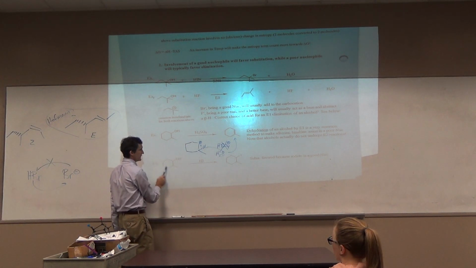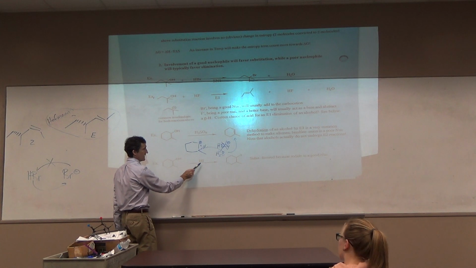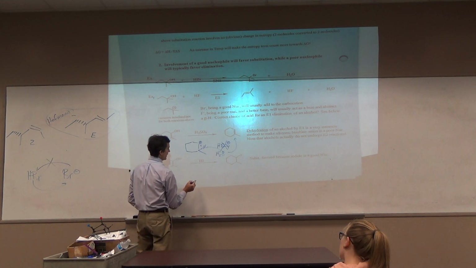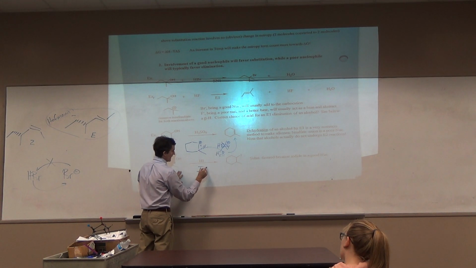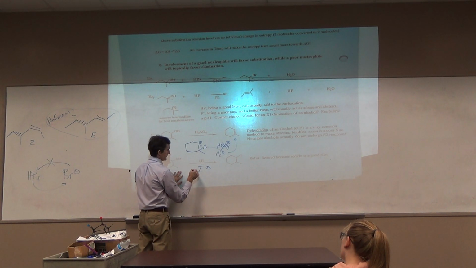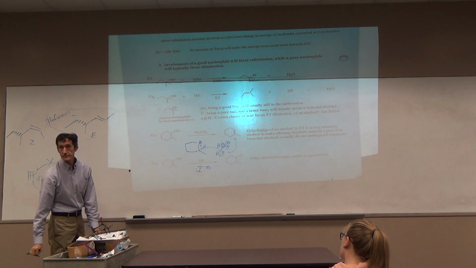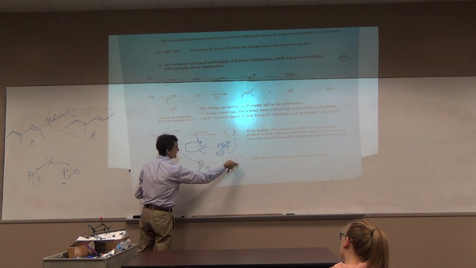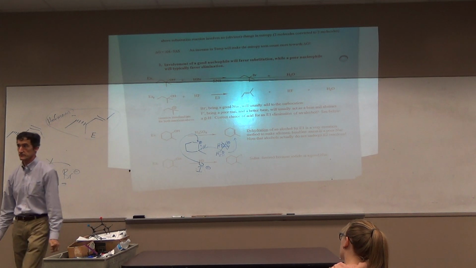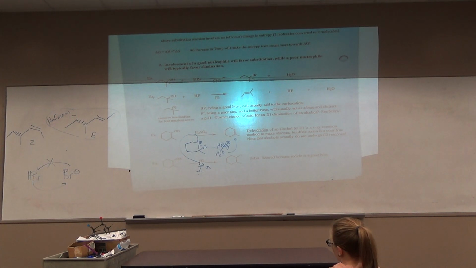On the other hand, if we do this with HI, it's the same intermediate. Good nucleophile. And that's going to be more prone to acting as a nucleophile and giving you a substitution product. All right. So what have we done here?